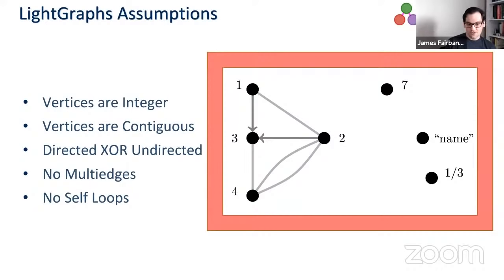And self-loops are given a second-class status. You can have self-loops, but it's not guaranteed that every algorithm will be correct in the presence of self-loops. So I try to stay away from self-loops. But if you really need to use self-loops in your application area, then you should raise issues when you find bugs.